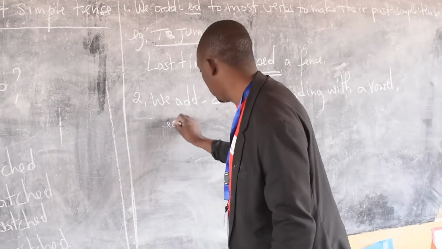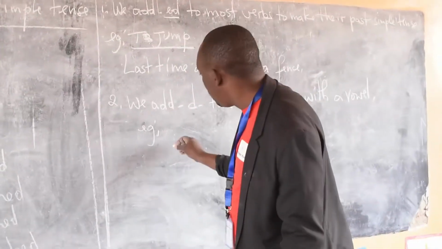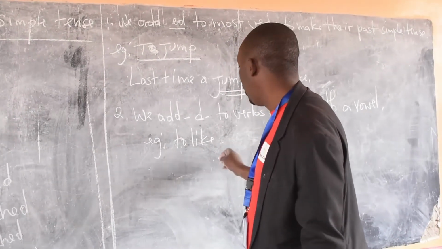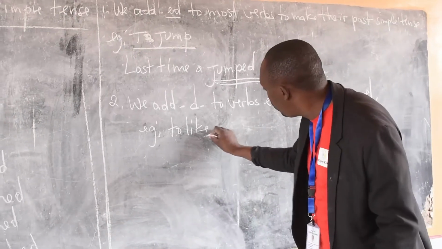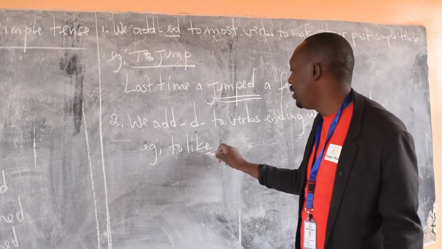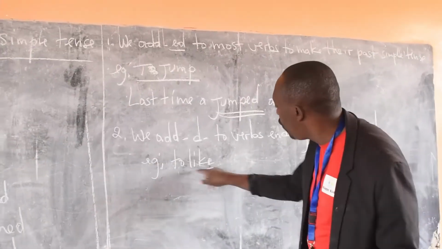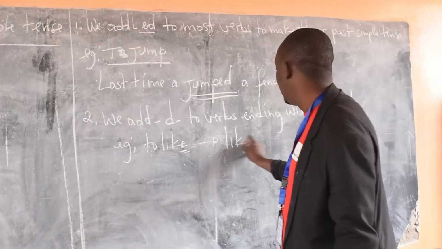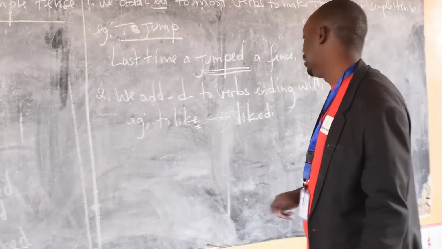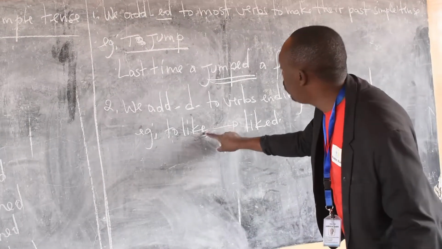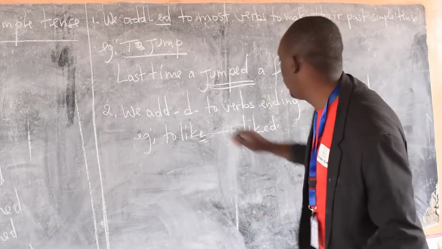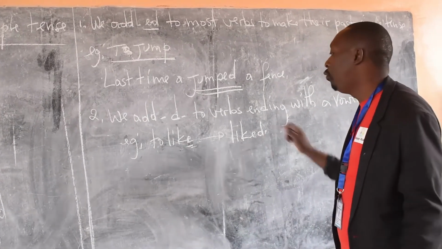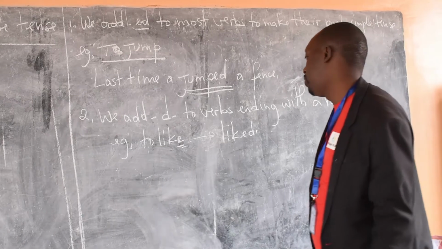Example, the verb to like. You see, at the end of this verb we have a vowel which is e. So when we form its simple past, we will say liked, because it ends with a vowel. And the rule says that for verbs ending with a vowel, we add d to form their simple past.